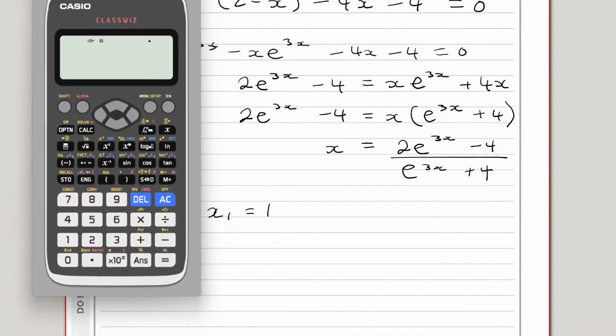Let's make 1 the answer so we can use it over and over again. 2 times e to the power of 3 times the answer, minus 4, over e to the power of 3 times the answer, plus 4.